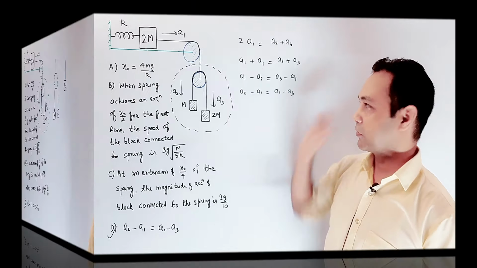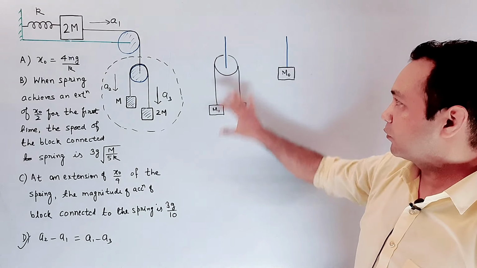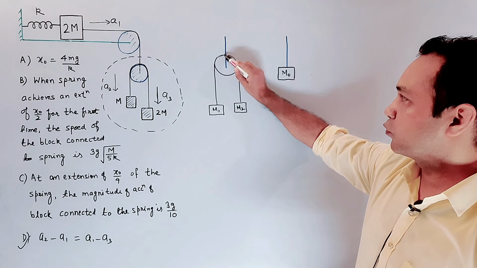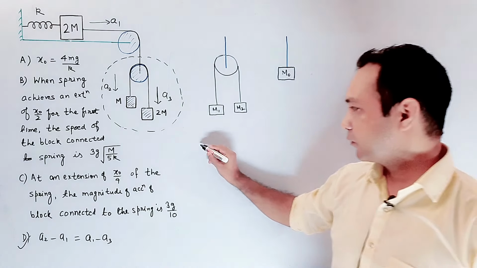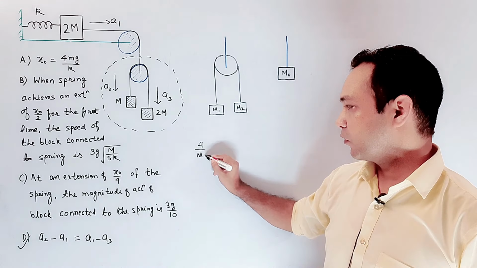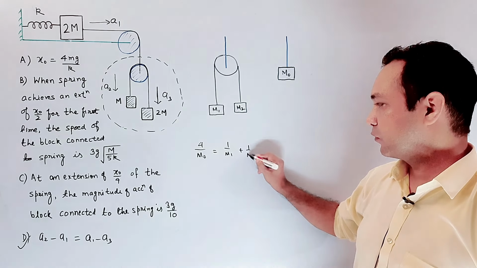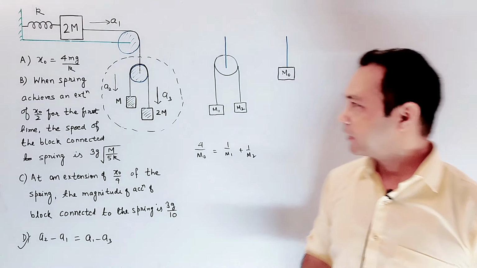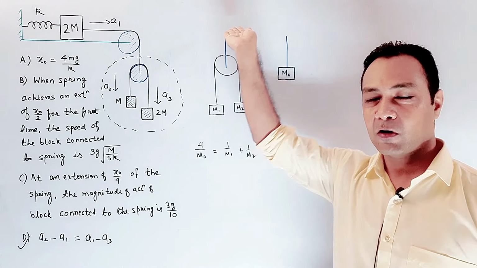So let me remove this part. So I'm claiming that I can replace this whole system, the pulley and the two masses, by a single mass m0, and m0 will be given by 4 by m0 is equal to 1 by m1 plus 1 by m2, and this relation is valid even if this pulley is stationary or moving up or down with some acceleration.